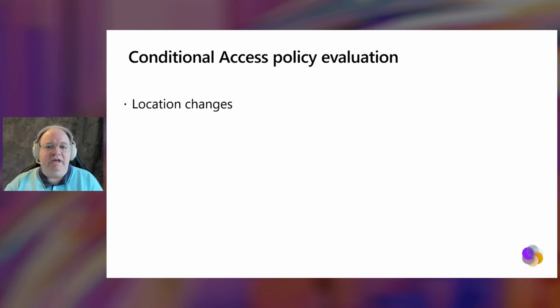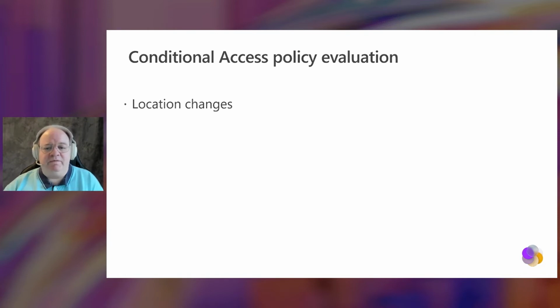Let's reevaluate to find out if this user really should still be able to access the resource from their current location, and it gives us another opportunity to enforce those location-based conditional access policies.